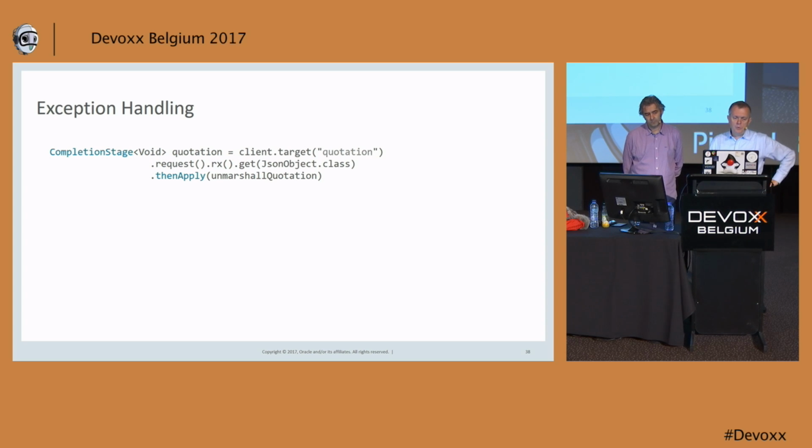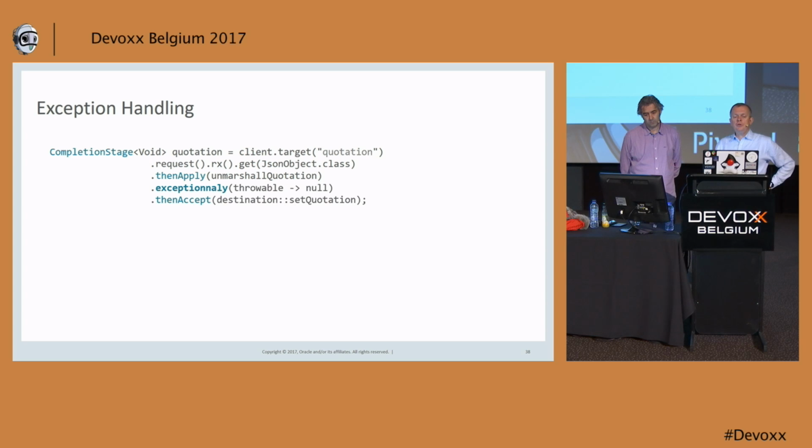First, we have this quotation service that is requested with the thenApply and unmarshal operation. Suppose that something goes wrong either in the request itself or in the unmarshalling operation. Then we can call this exceptionally method and just, for instance, decide to swallow the exception. It's not so bad if the quotation service did not respond. Maybe it is, but in this example, it's not so bad.